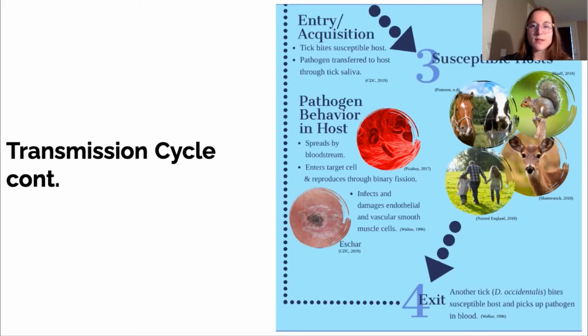A common sign of this infected endothelial tissue is an eschar on the host skin, which picture is depicted on the infographic there. To exit the host, the bacteria needs to be picked up again by another Pacific Coast tick. From there, the tick can go and infect another susceptible host. So that is our transmission cycle of Rickettsia phillipi.